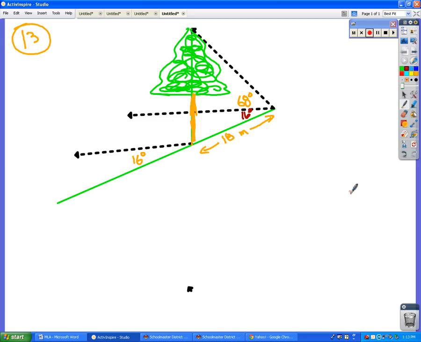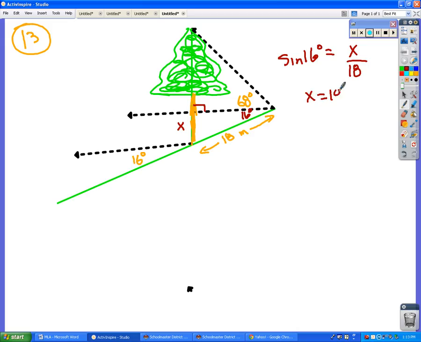All right, so this right here is a 90-degree angle. So I could find out this part right here. How would I do that? All right, so if I go sine of 16, that would be the opposite side, which we'll just call x, because we're feeling creative, divided by the hypotenuse, which is 18.